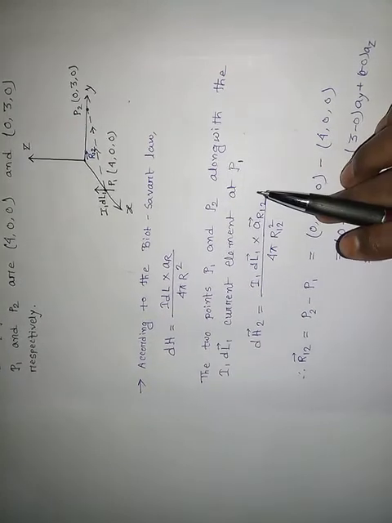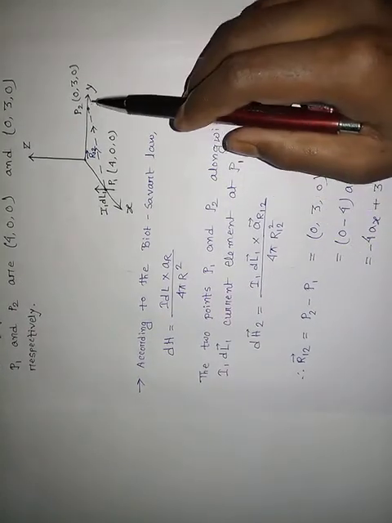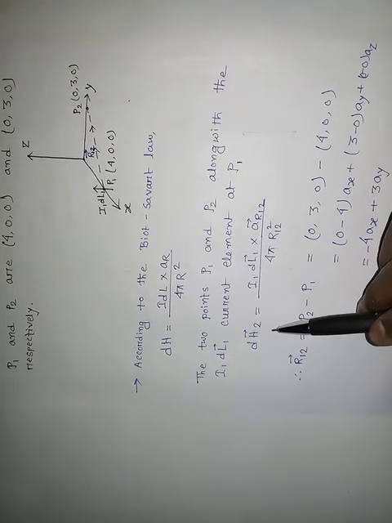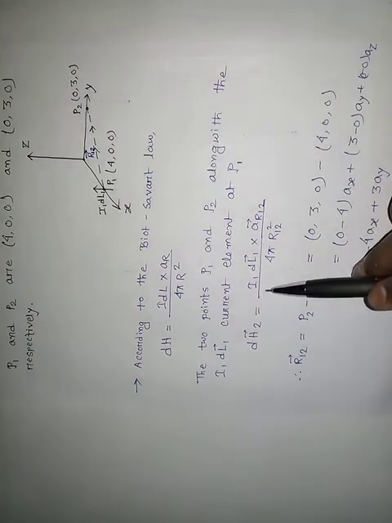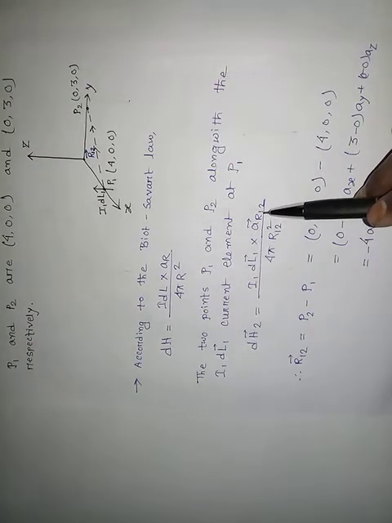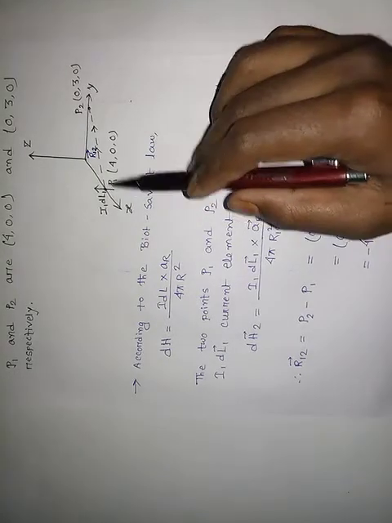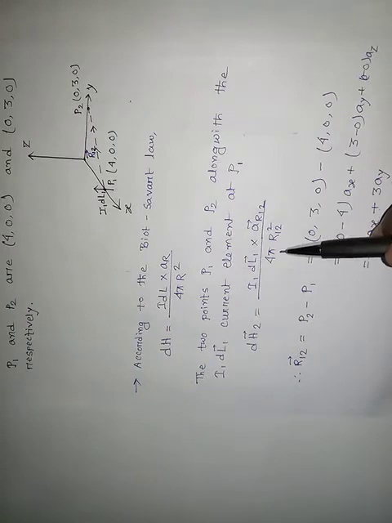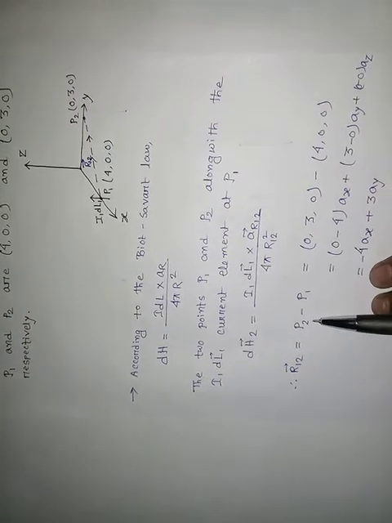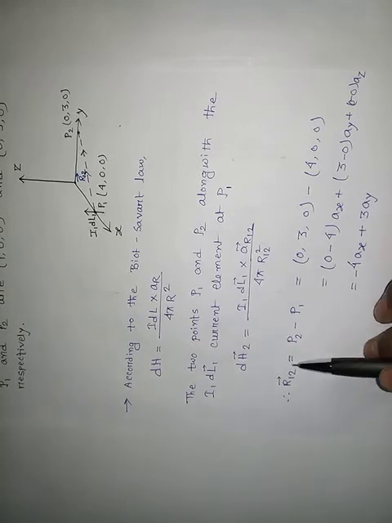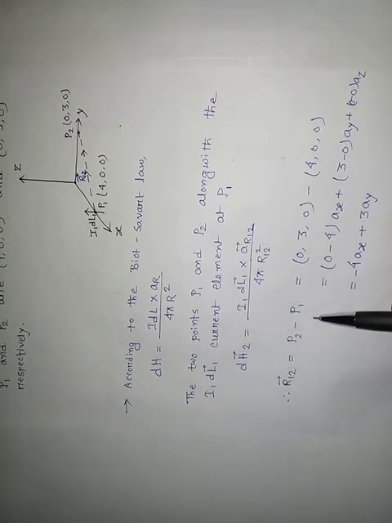So dH2, that is the magnetic field intensity at point P2, equals I1 dl1 aR12 by 4 pi r12 square. That r12 equals P2 minus P1. For distance we consider final minus initial.